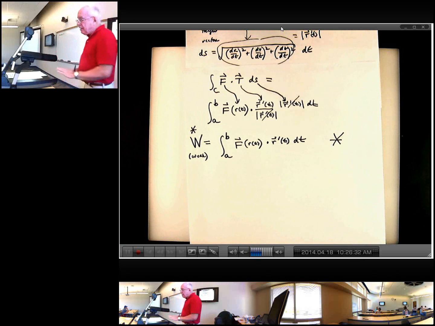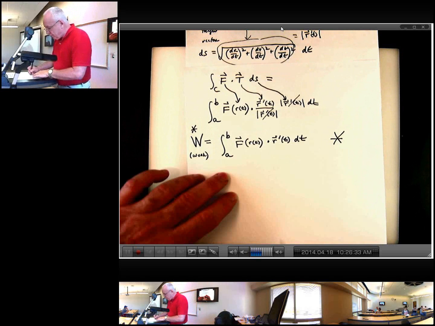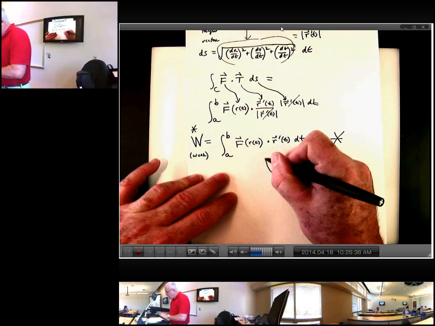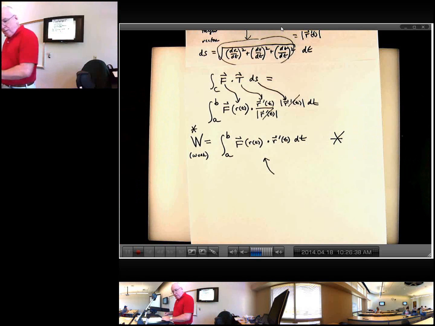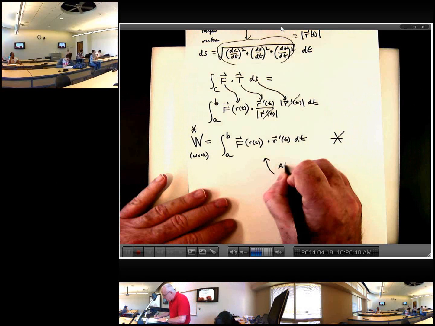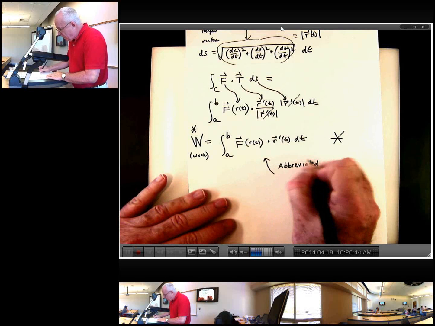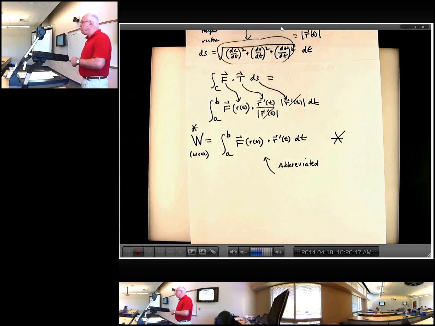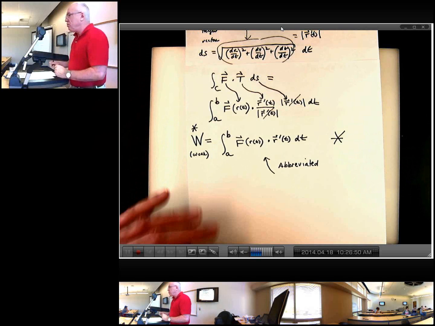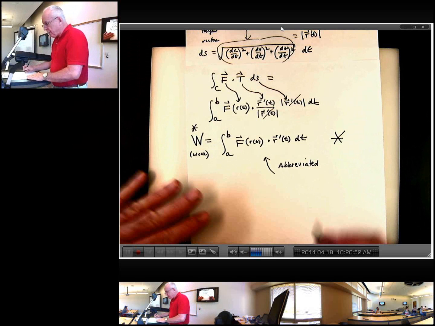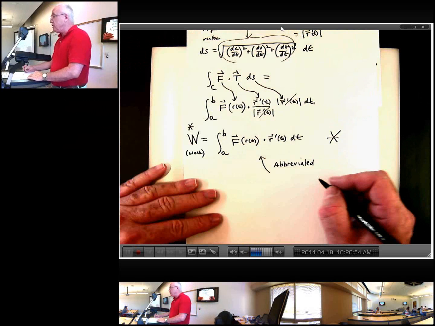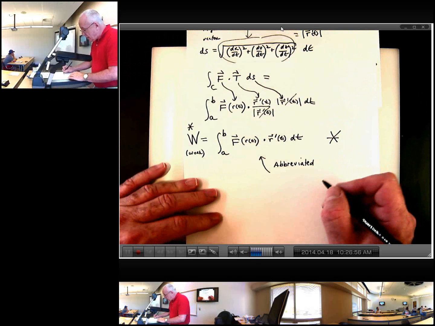Okay, now there's actually an abbreviation for this. The abbreviated way of writing this, because mathematicians love to abbreviate things so it's easier to write, and then of course it looks very mysterious if you don't understand the abbreviation.